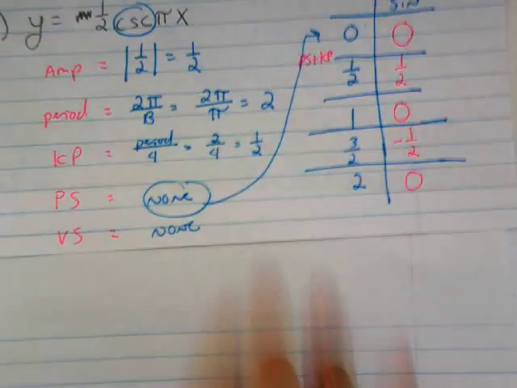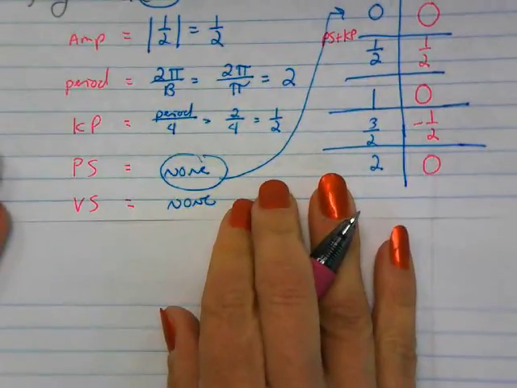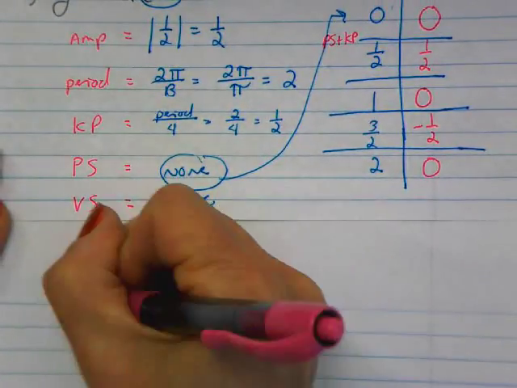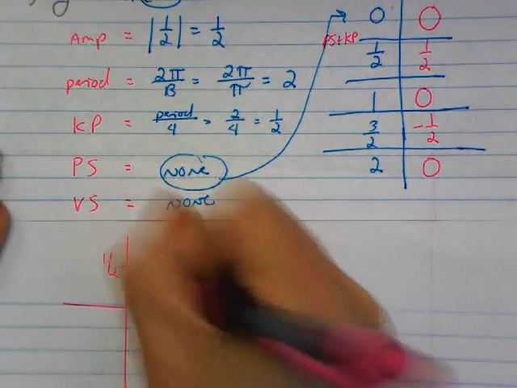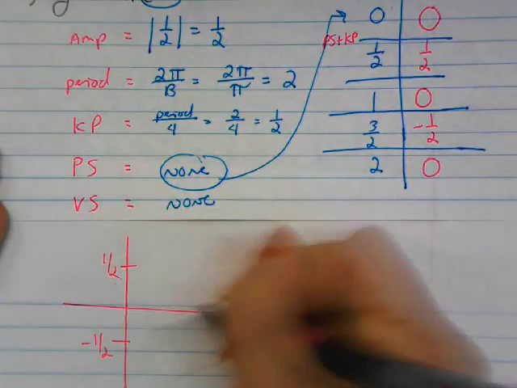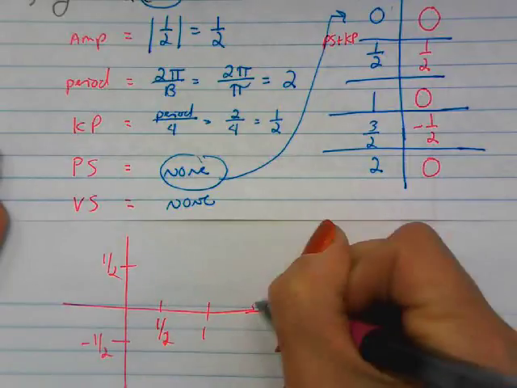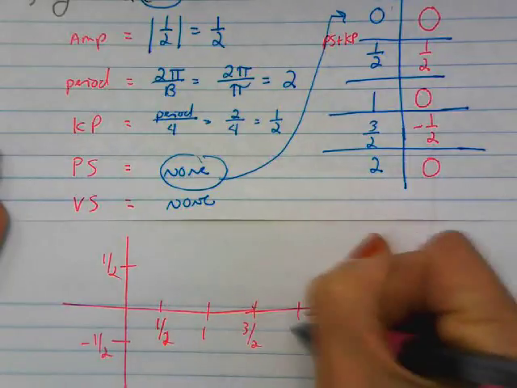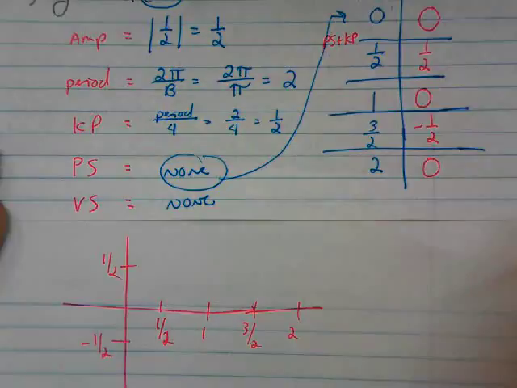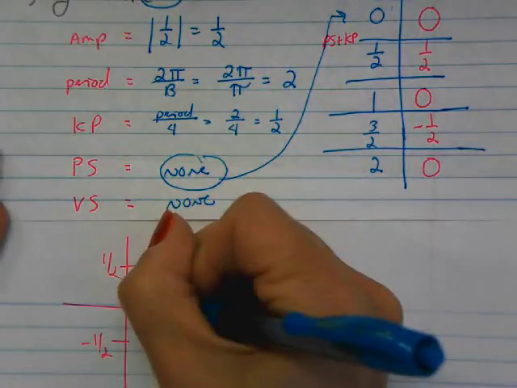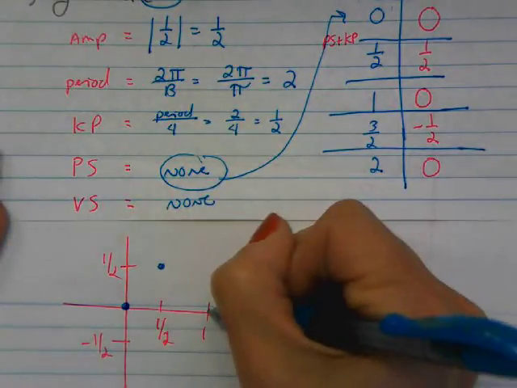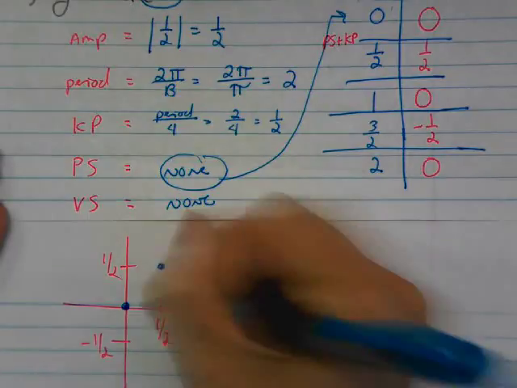Alright, let's graph him. Here's 1/2, negative 1/2, 1/2, 1, 3/2, 2. Okay, so I go 0, 1/2, 0, negative 1/2, 0.